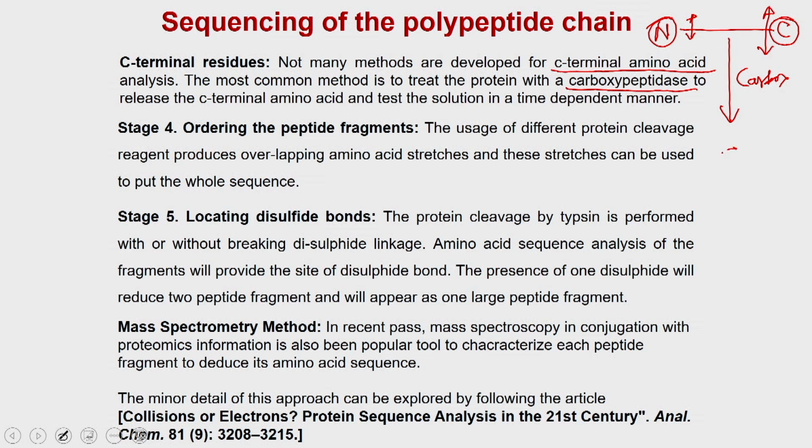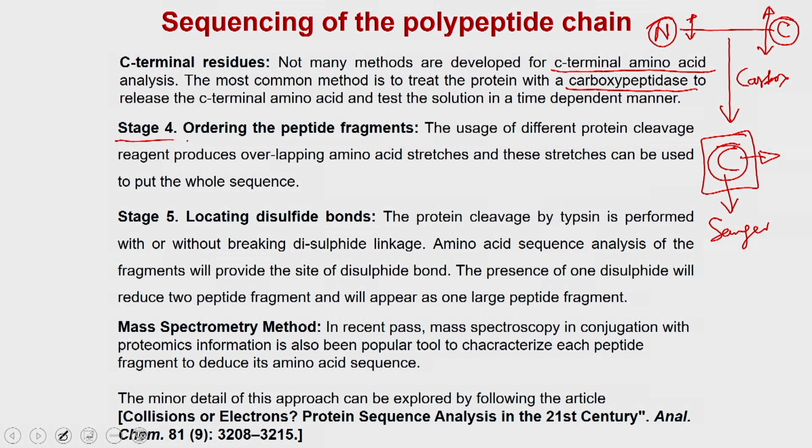Because of that, it is going to release the C terminal amino acid, and then once this amino acid is released, you have the option: either you use Sanger's method or you can use the other method to identify this amino acid, and that is the only way you can get the identity of the C terminal amino acids.